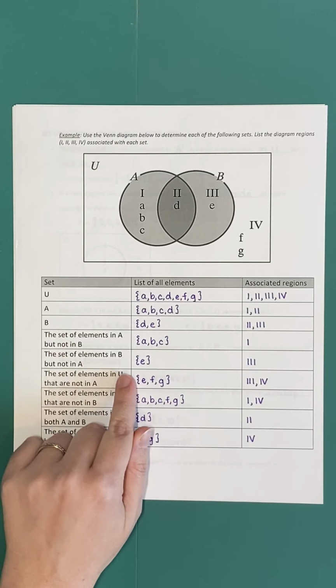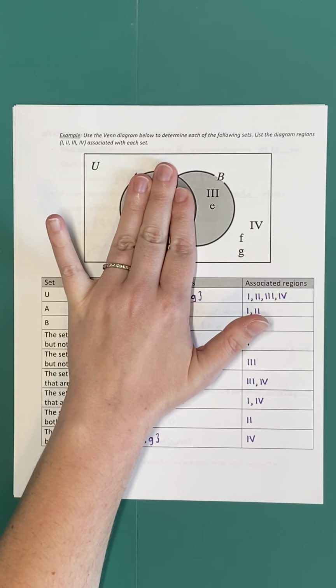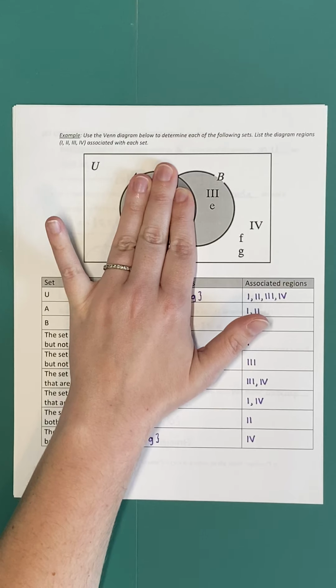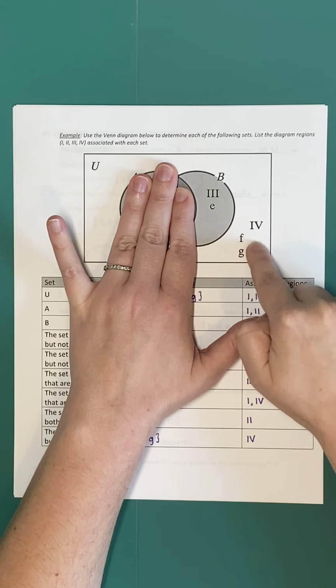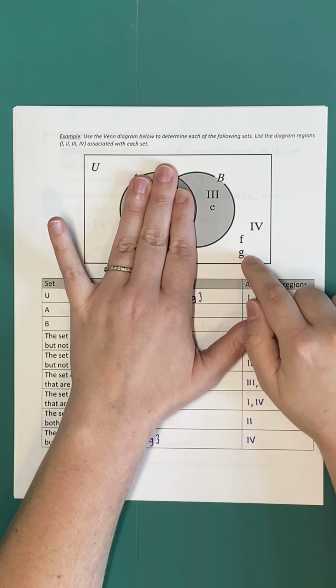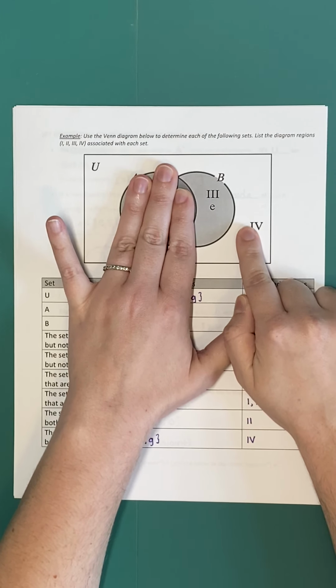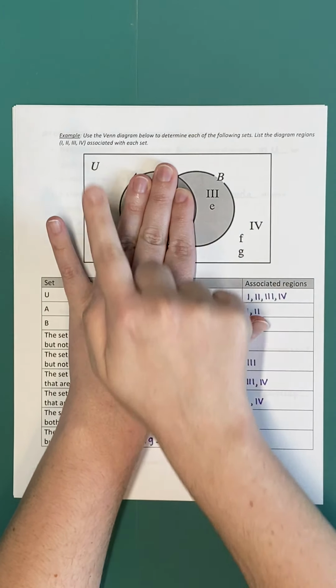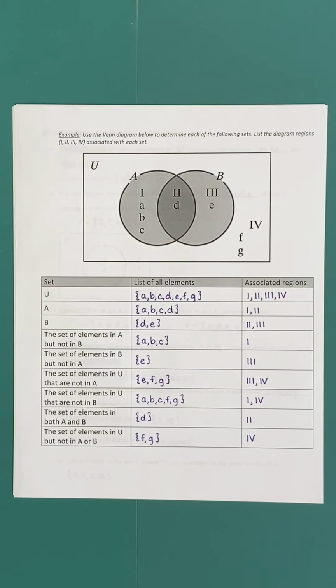So we want everything in U except the things that were in A. Imagine deleting that set A and keeping everything else within the diagram. That's going to leave us with things that are exclusive to B, and also elements that weren't further grouped into A or B. So that's going to be E, F, and G, and that's going to be regions 3 and 4. Those are the two regions representing things that are in the universal set but not in the set A.